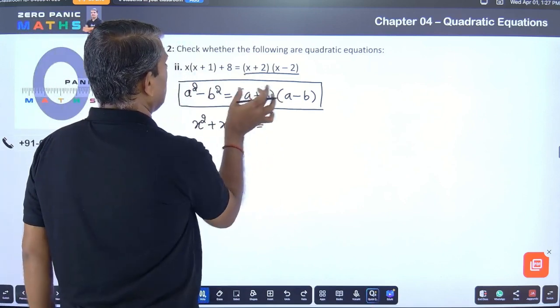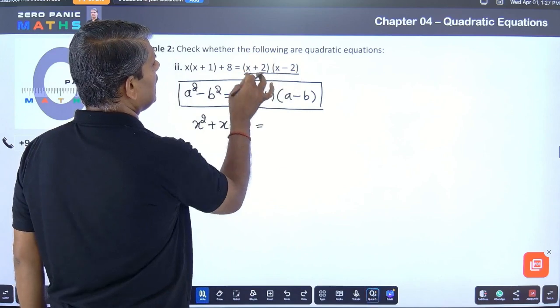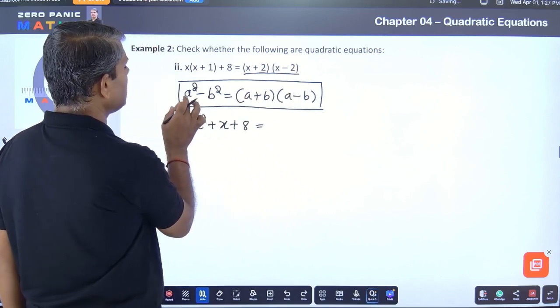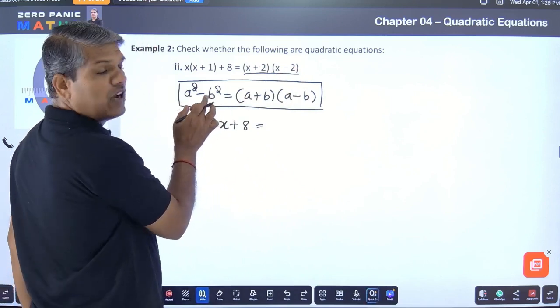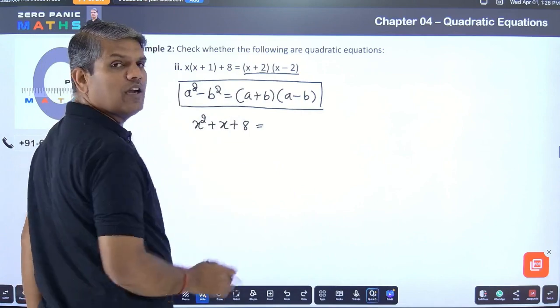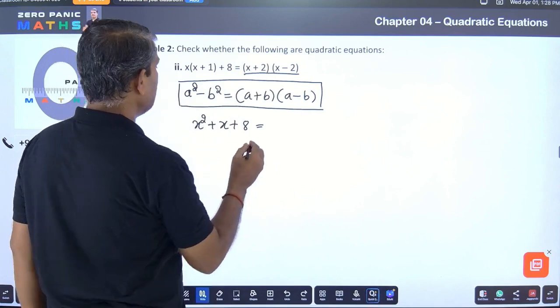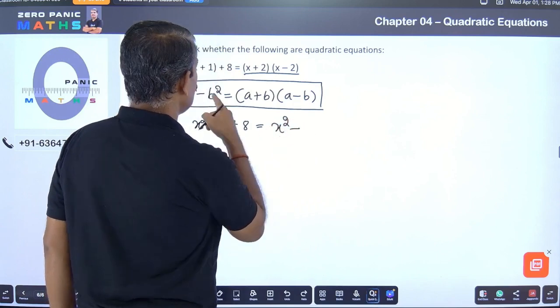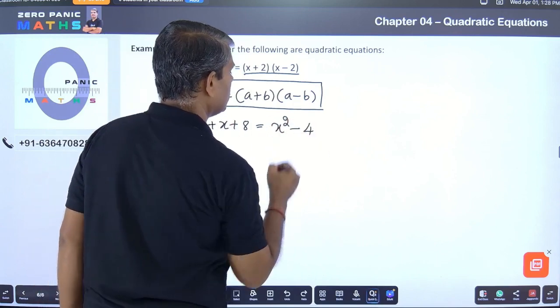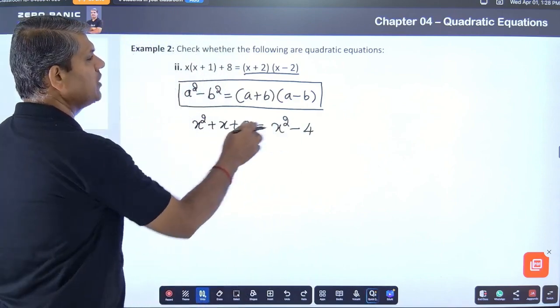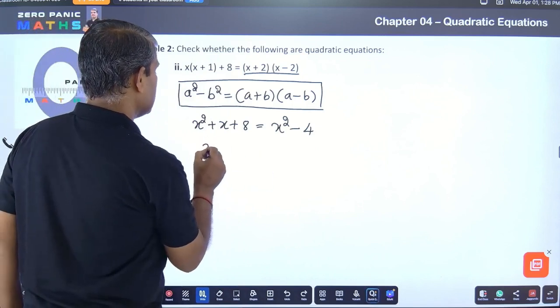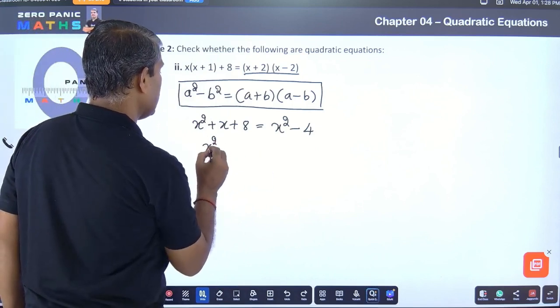Now directly apply, because the right side is of the form a plus b and a minus b. You can directly say a square minus b square, where a is x and b is 2, right? So I can say x square minus 2 square, which is 4, right? Now let us take the right side items to the left side.